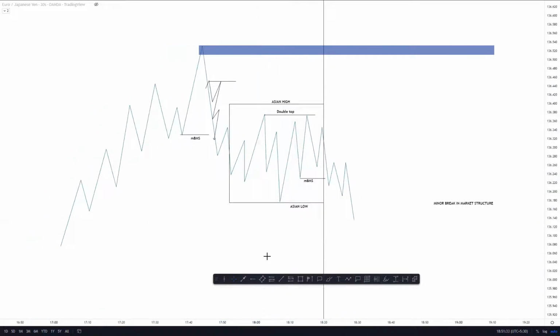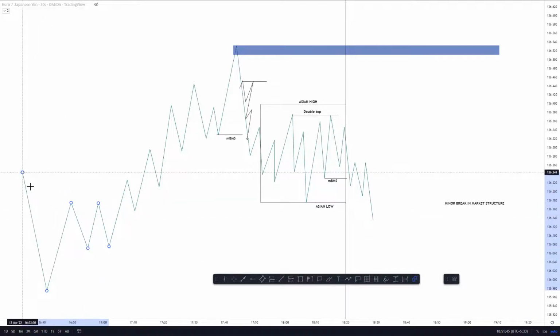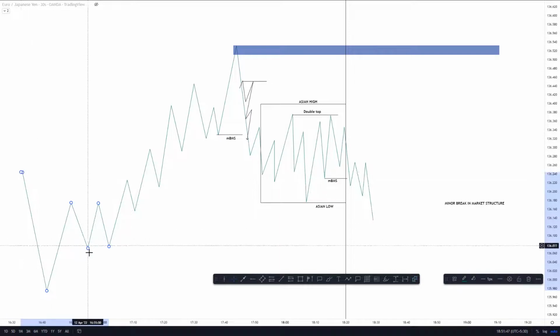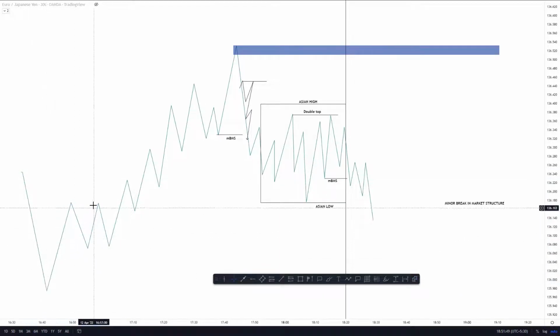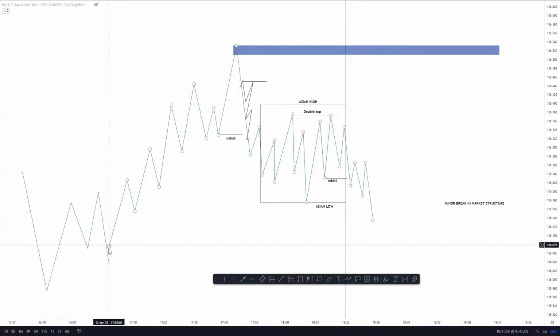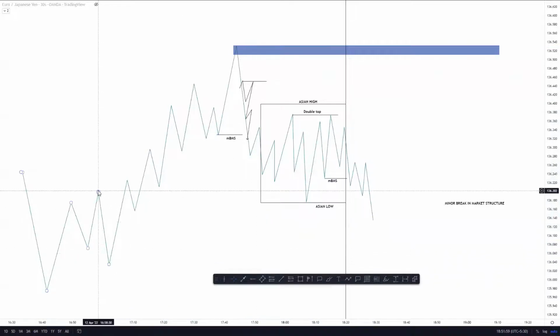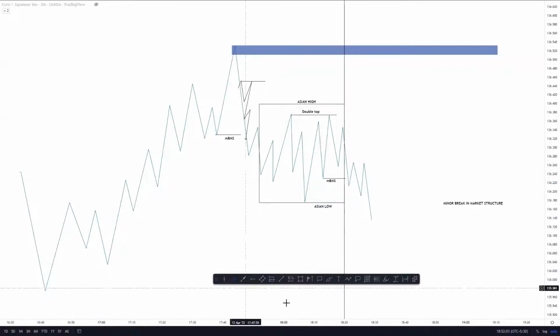So what I will do is I will look for some kind of demand zone in here, like this last high low was responsible for a BMS.